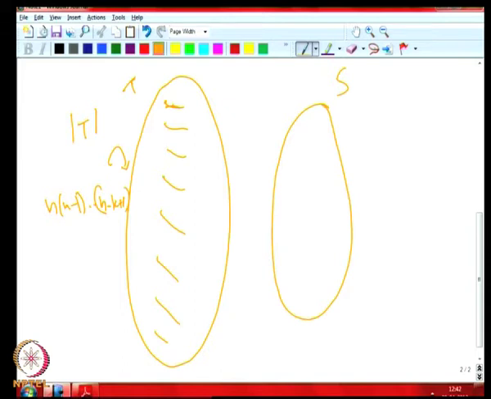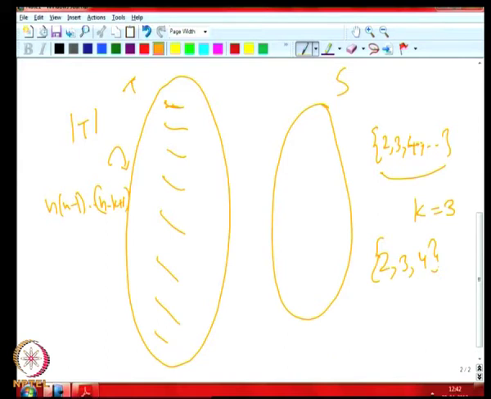Now, give me any one k element subset, maybe 2, 3, 4, some k elements here. So, for instance, we can take a value for k equal to 3. I will take 2, 3, 4 as a subset of 1, 2, 3 up to n.